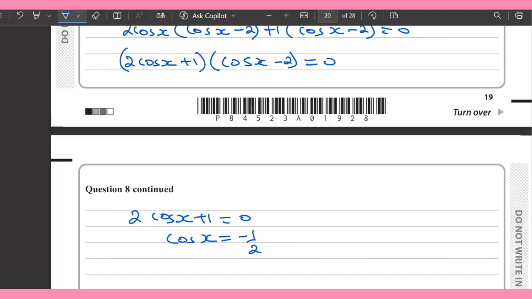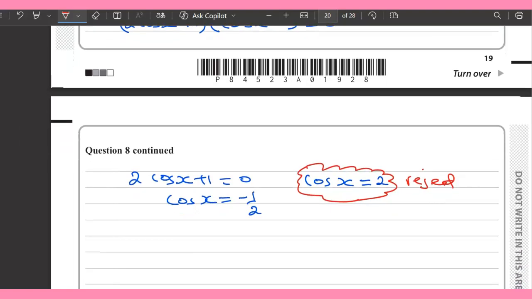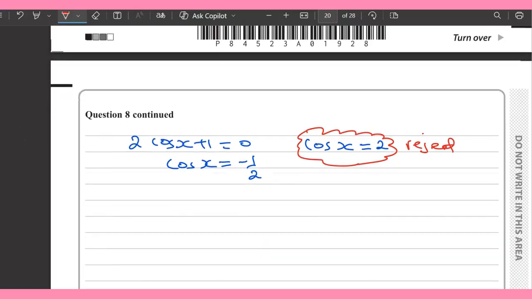If we set the second bracket to 0, we'll have cos of x equals 2. What we can do here is reject or ignore this, because we cannot get the cos inverse of positive 2.